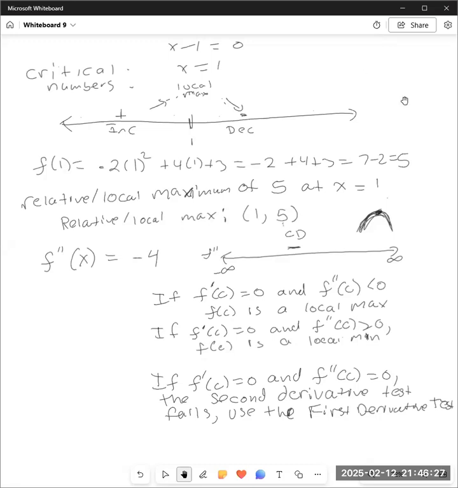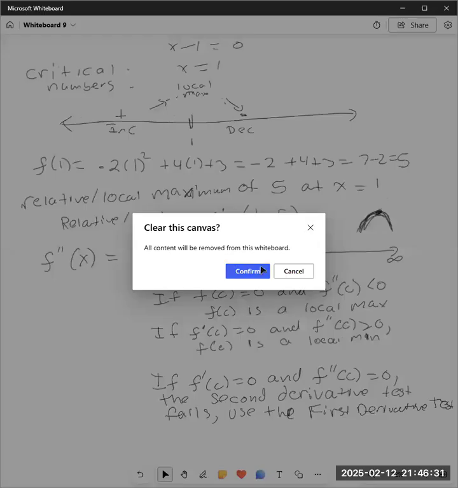Let's move on to number 7. Number 7 says h of x is equal to negative (x plus 4) to the third. So my first derivative, h prime of x, is equal to negative 3 (x plus 4) squared.